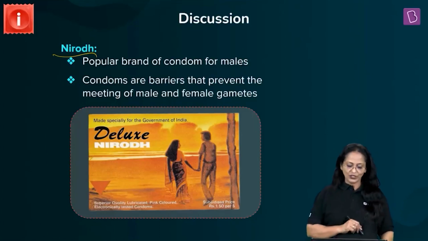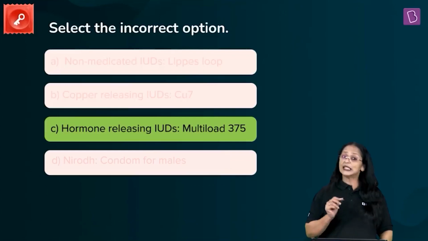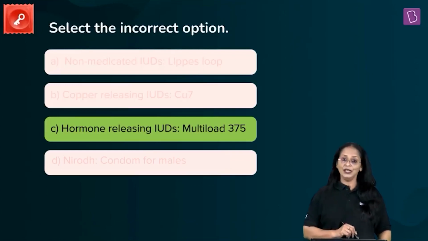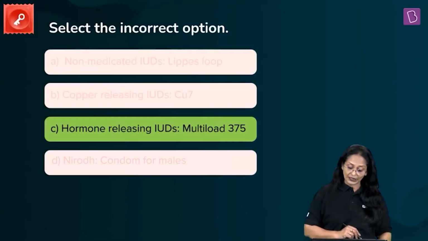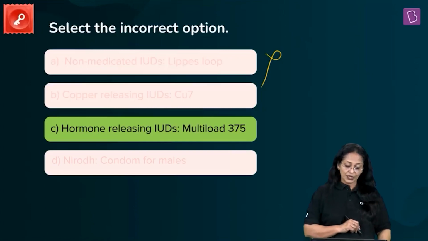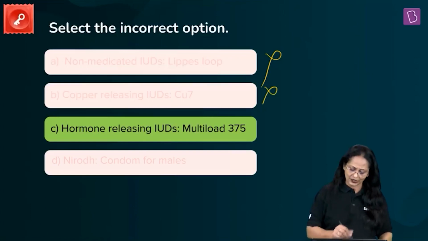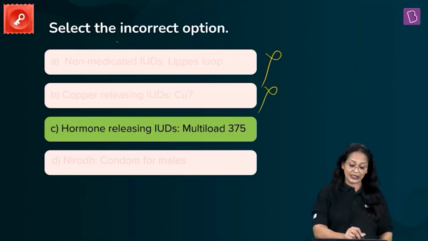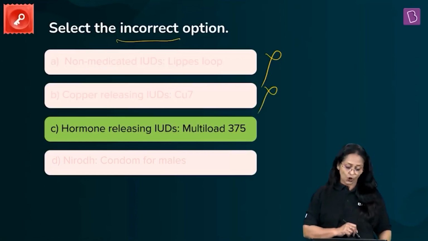Okay? So now when you look at the question, select the incorrect option. Is it A, that is non-medicated IUDs, Lippes loop is an example? That is correct. So we'll score that out. B, copper-releasing IUDs is copper 7. Yes, that is also correct. So we'll score it out because we need the incorrect option. C, hormone-releasing IUDs is multi-load 375.